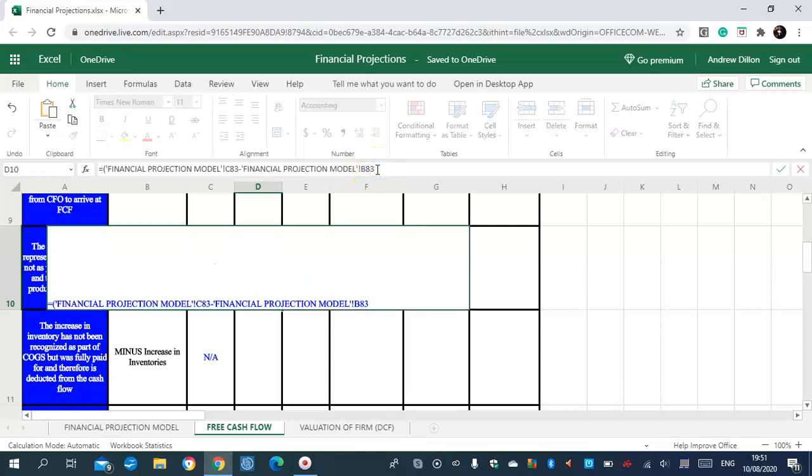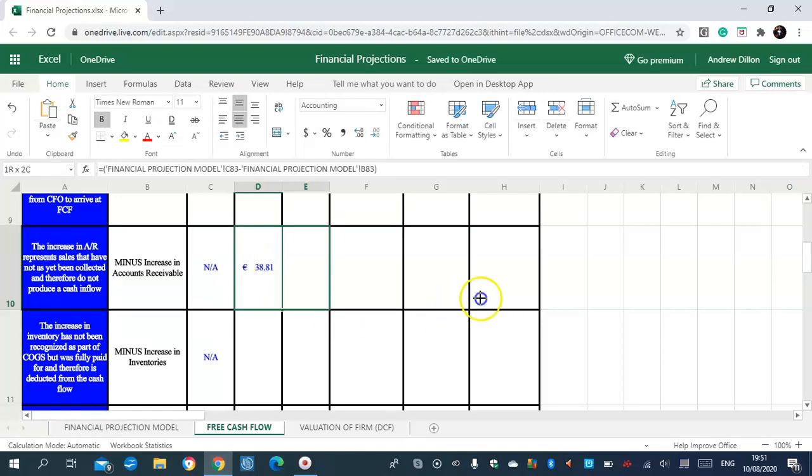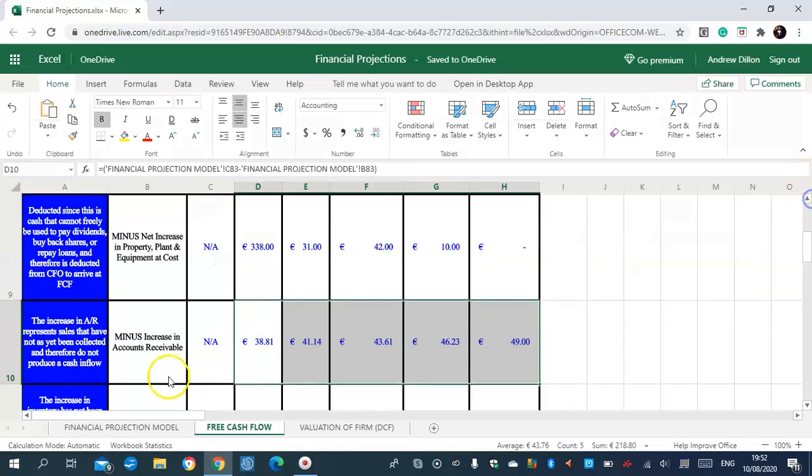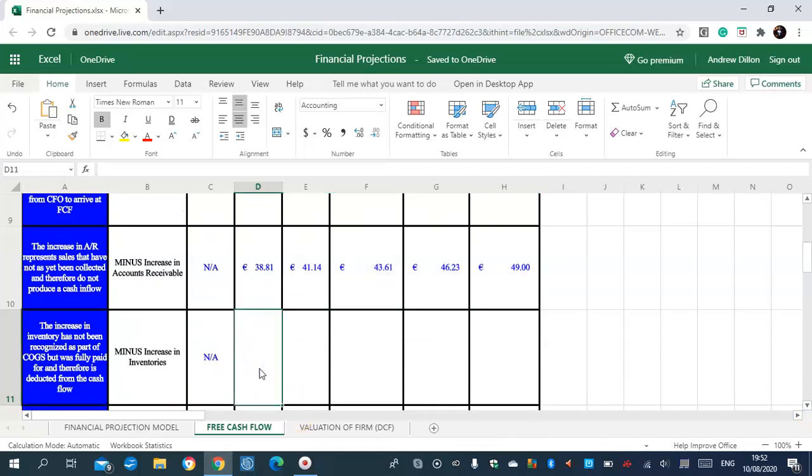Right, so we'll continue and do the minus increase in inventories in the next video. So we've almost finished the free cash flow. So stay tuned for the next video.